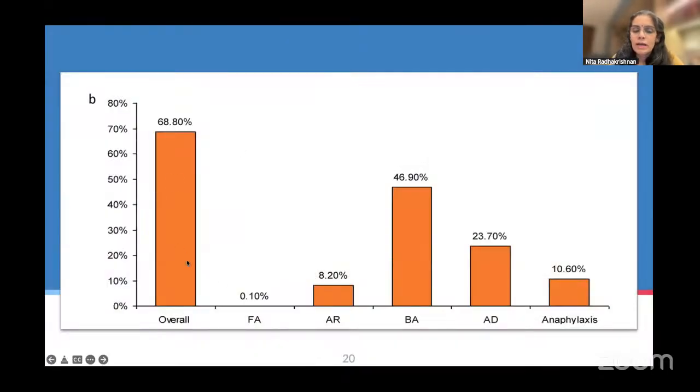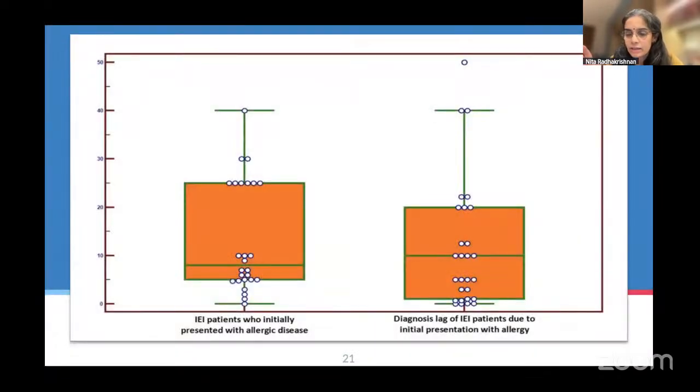And among all the allergies, it could be asthma, atopic dermatitis, allergic rhinitis, anaphylaxis, any one of those allergy diagnoses. And finally, patients who presented initially as allergic disease, there is a diagnostic lag in them as well.